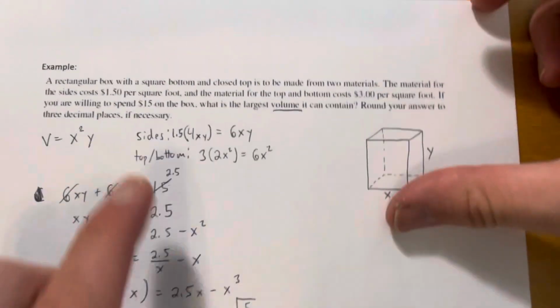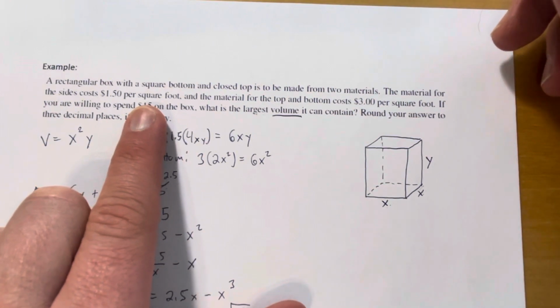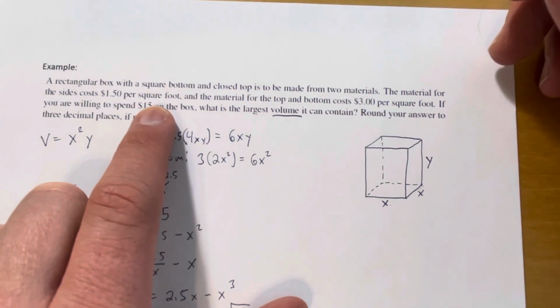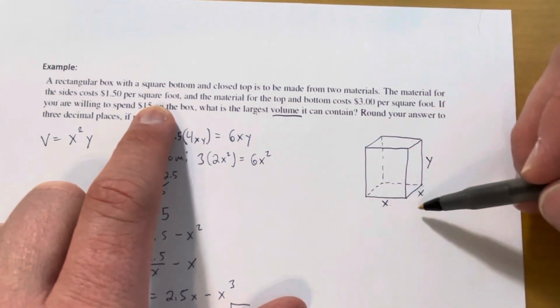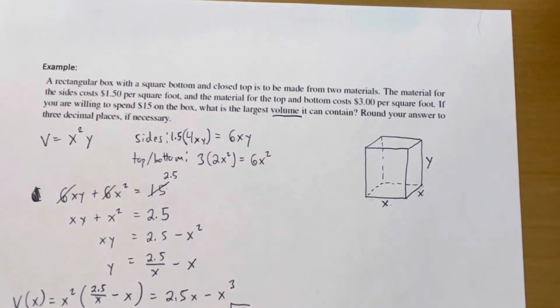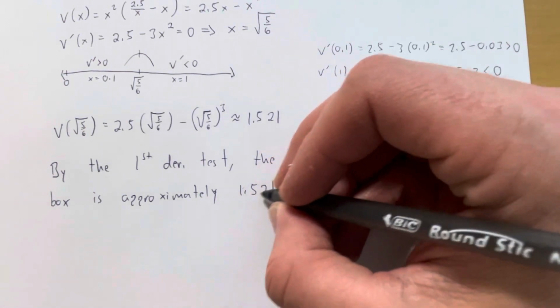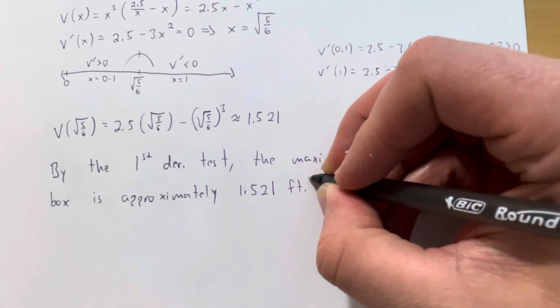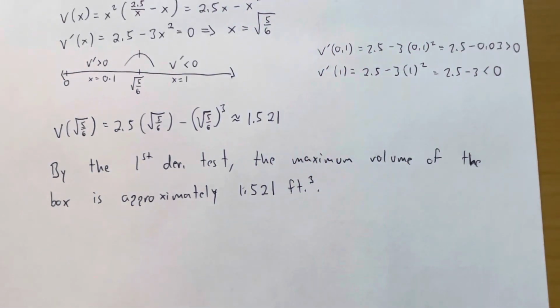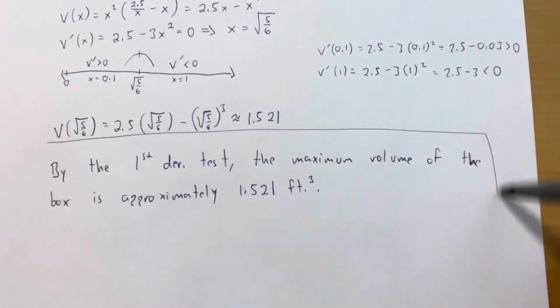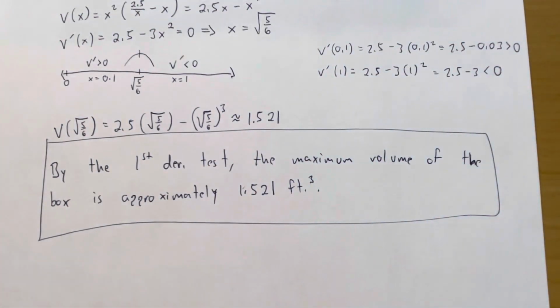So coming back up here, the material for this box is measured in square feet, which means the linear units for the edges would just be feet, which means the units of volume would be cubic feet. So 1.521 feet cubed is the correct units to be using there. That's my conclusion. That's generally how you want to state your answers to these problems.